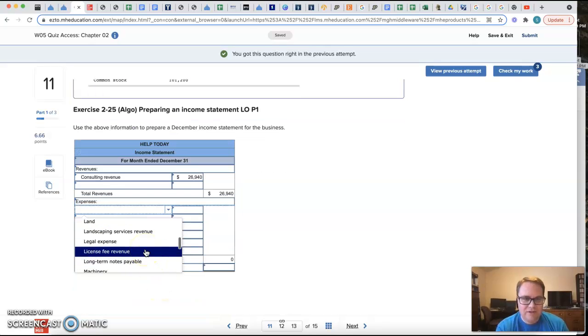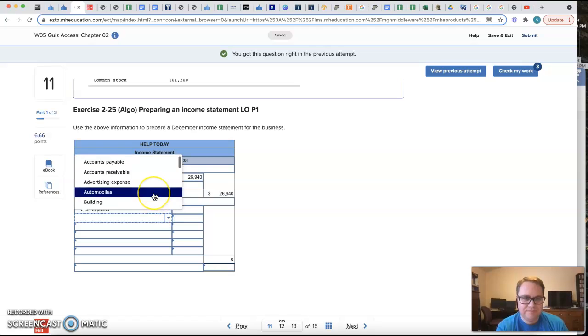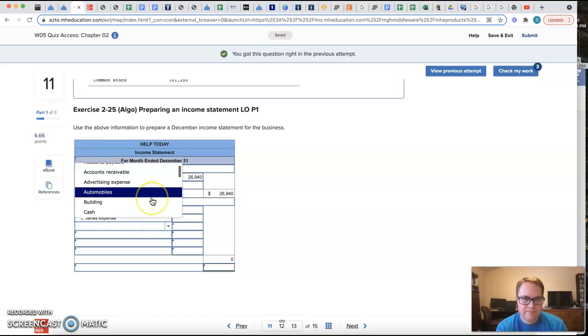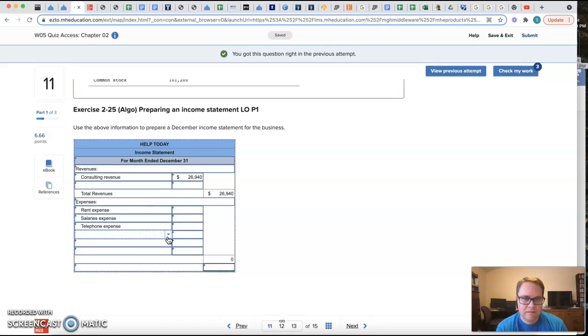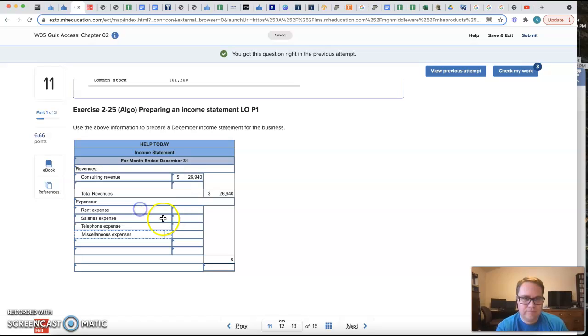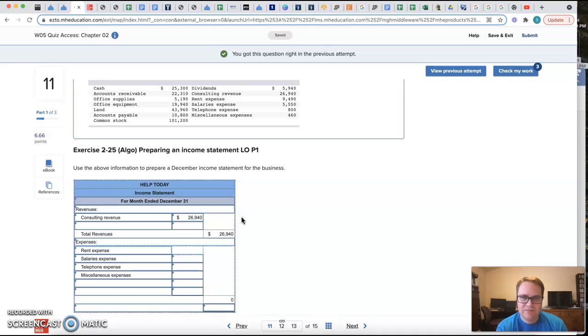So we'll come down here and just select each one of those. And then we'll plug in the totals that we have there for those as well.